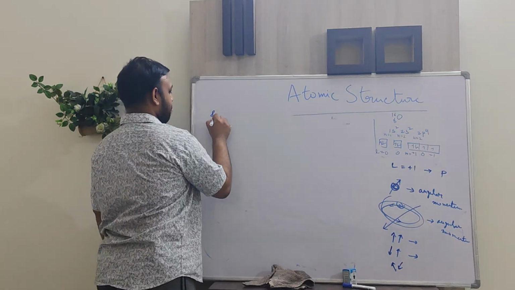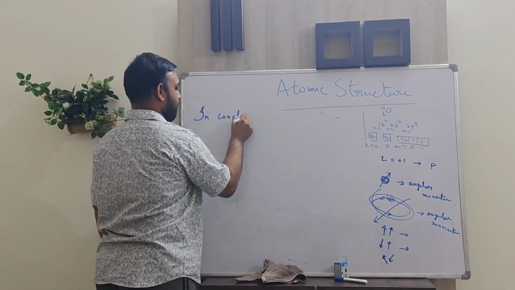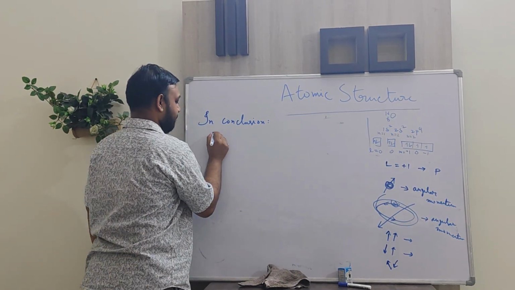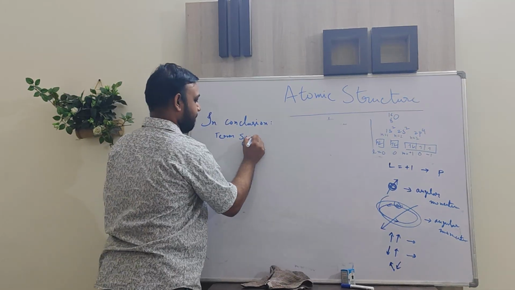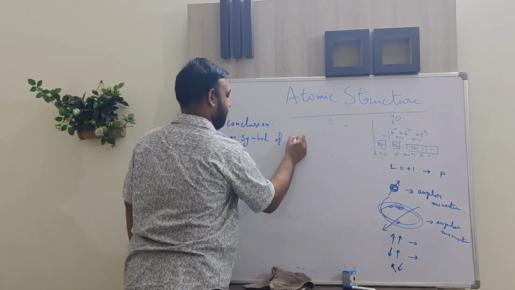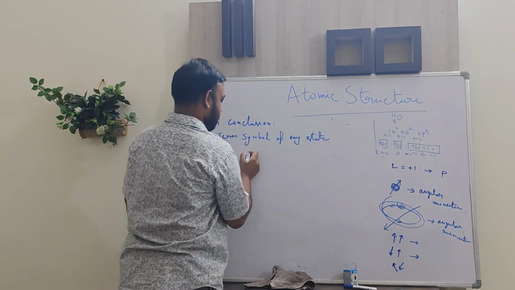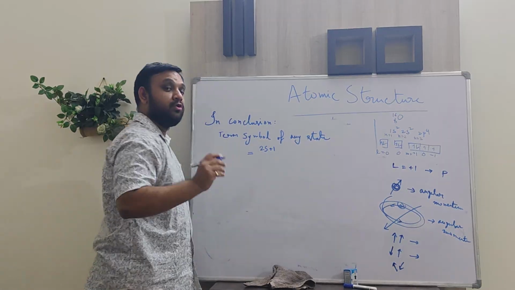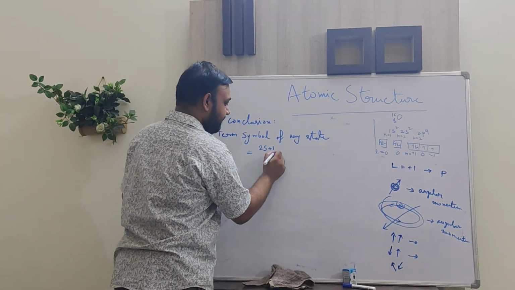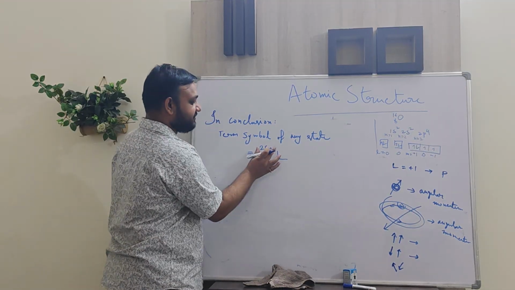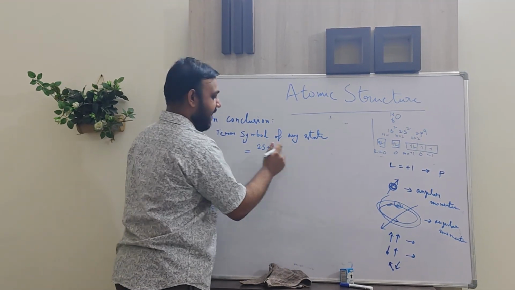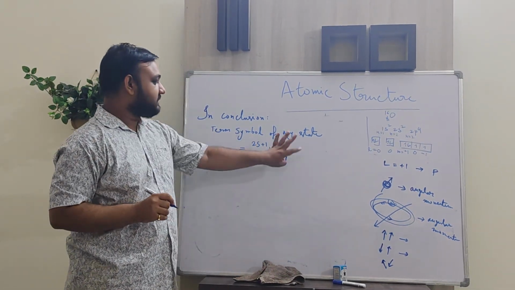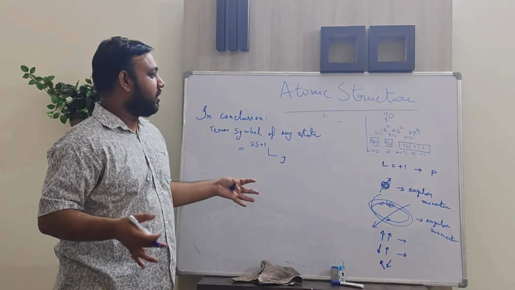So in conclusion, the term symbol of any state can be represented as the total spin multiplicity, which I have already told you, 2S plus 1, written as a superscript, then the total angular momentum L, and then the spin orbit coupling value J. This is the term symbol of any atom or any state.